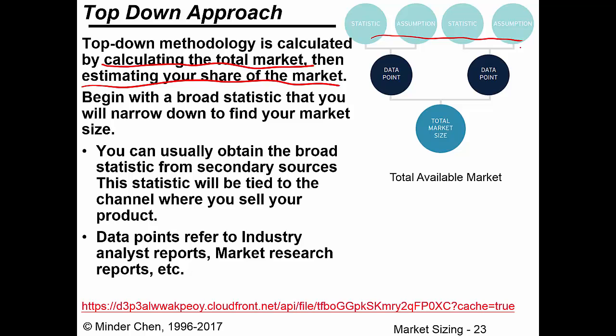You can usually obtain these broad statistics from secondary resources, industry-specific reports, and market research reports, and eventually you can derive the total market size. Sometimes we call this the total available market, with the acronym TAM.